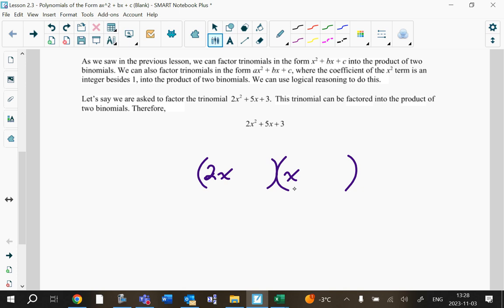So we get those from here. These two must multiply to get 3, don't they, on the end? Give me two numbers that multiply to get 3. 3 and 1?